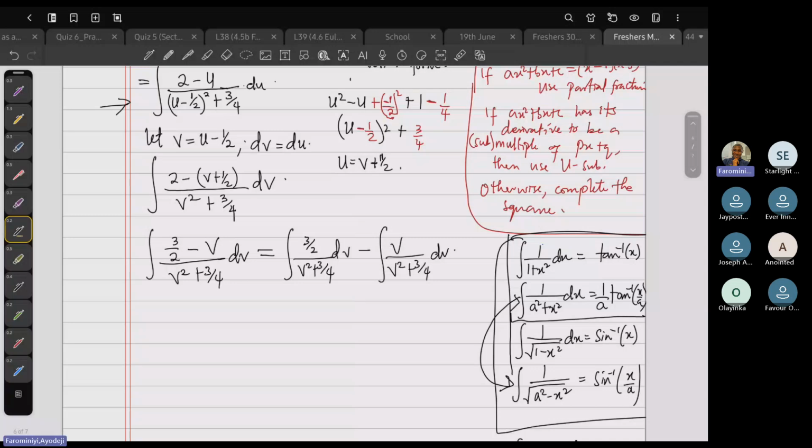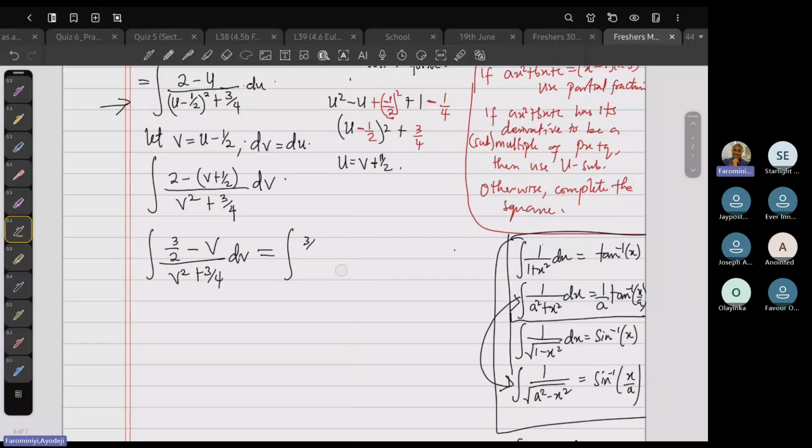Okay, so let's continue. Somebody said they don't understand where we are, right? So which part is unclear? Was it Joseph or Innocent? Which part is unclear? From the 3 over 2 minus v over v squared plus 3 over 4.